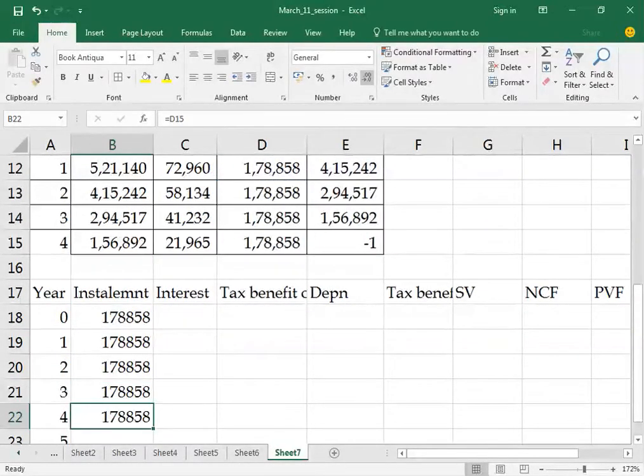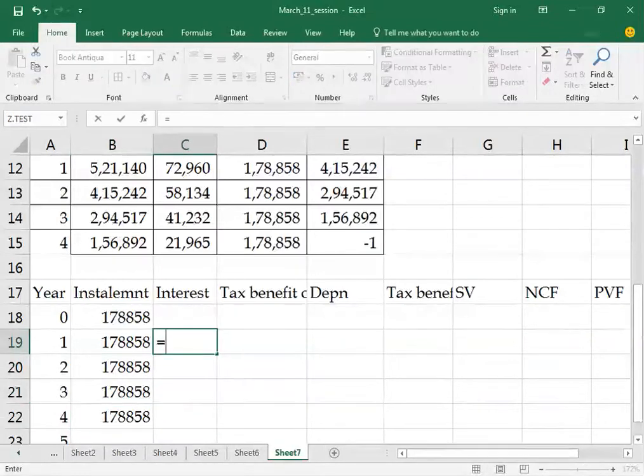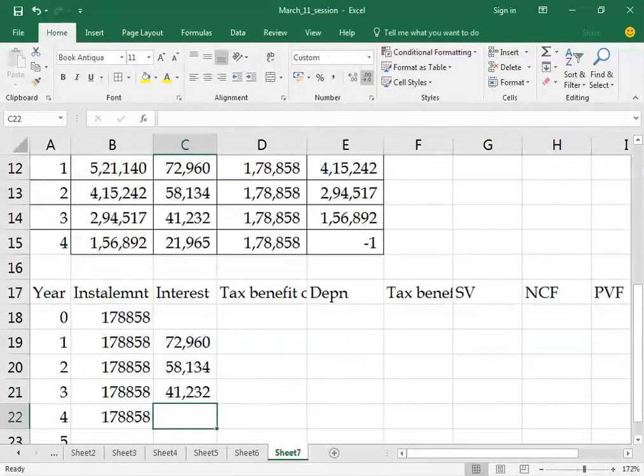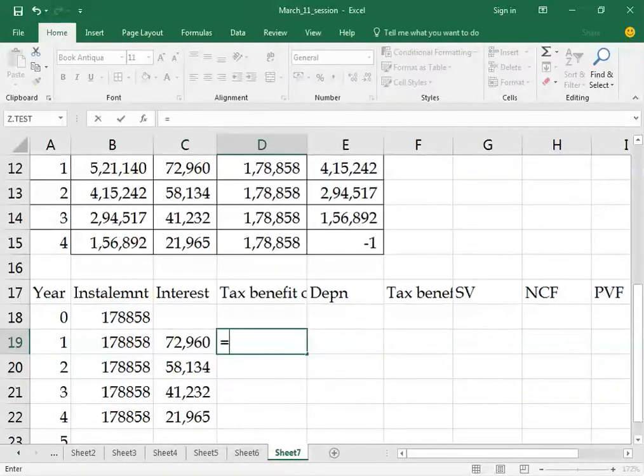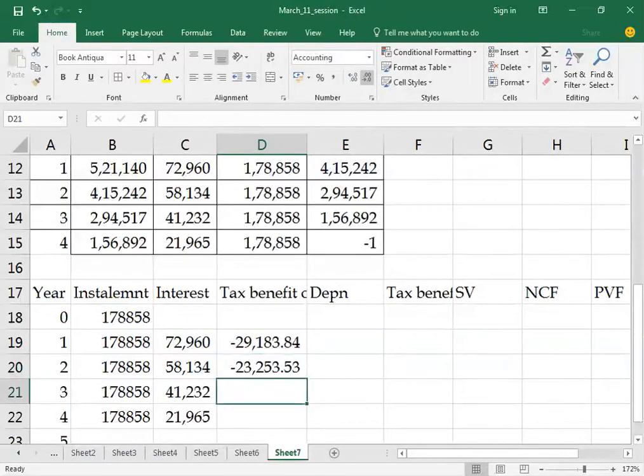Any doubts in this? Interest for year 1 is this. I'll have to take whatever is the interest in that year. Tax rate is how much? So you get a 40% benefit on this. Tax benefit on interest.